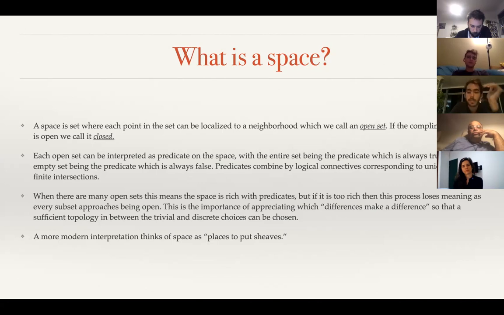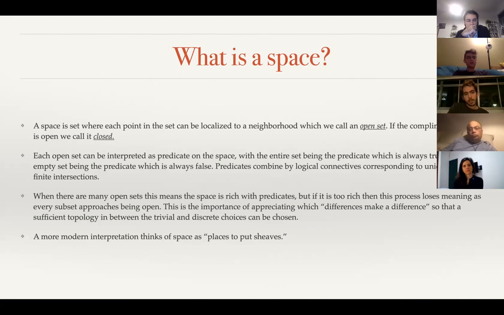And this idea of nearness and neighborhood, and also eventually of predicates, or choices of certain predicates, is going to be an open set. And just the complement of an open set: if the complement of a set is open, that set is closed.